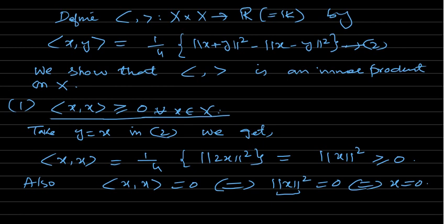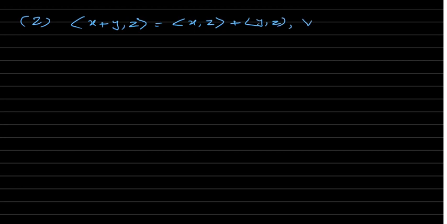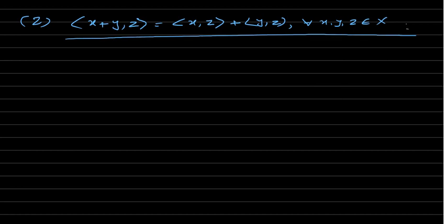Now the second property, the linearity property: inner product of x plus y with z is equal to inner product of x with z plus inner product of y with z, for all x, y, z in X. Let's verify first this.